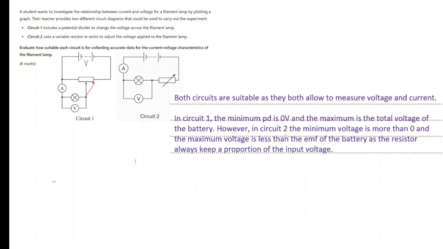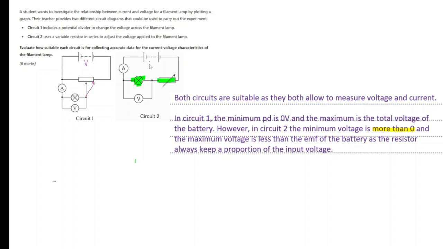However, in circuit 2, the minimum voltage is more than 0. Why is it more than 0? Because to get the minimum voltage across the bulb, we need to give the maximum voltage across this one. How do you get the maximum voltage? You increase the size of this resistor to the maximum value.